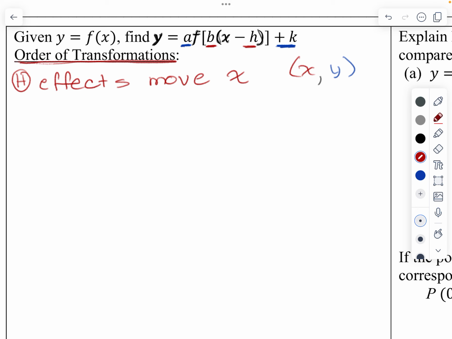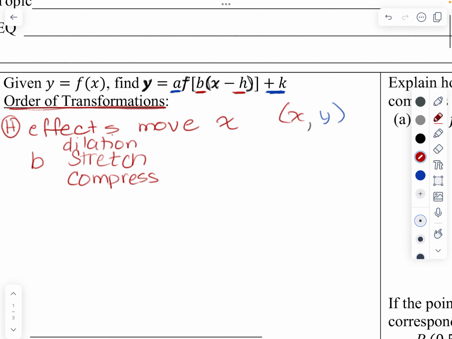So when we're talking about b, it could do two things here. First, we're going to talk about how it affects by stretching or compressing. So it's going to do what's called a dilation. There's just the major term there, but it could be a dilation in the form of a stretch, or a dilation in the form of a compression. And what you're doing either way is multiplying your x term by the reciprocal of b.